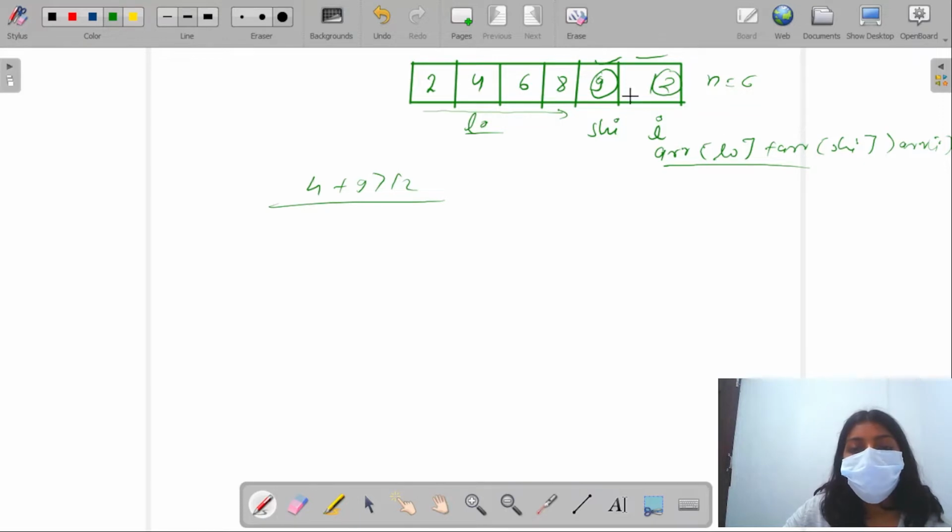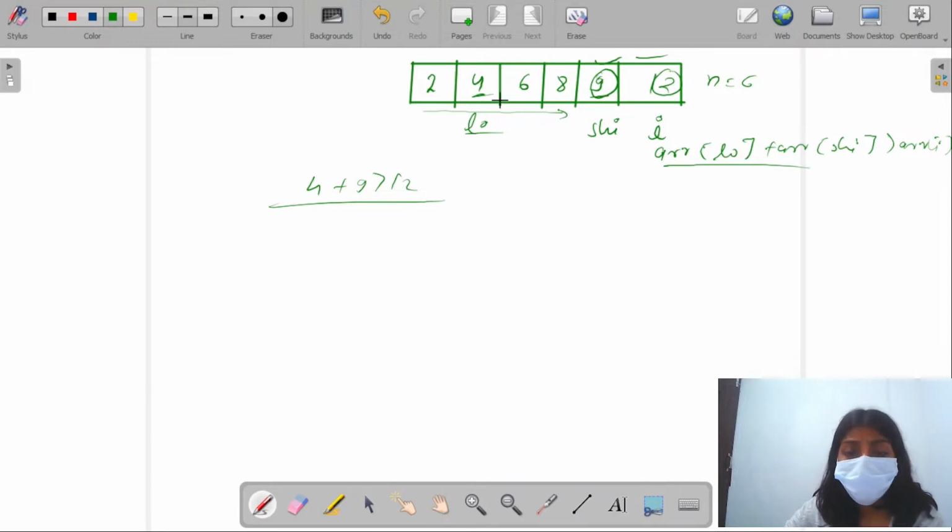So it means that I don't have to check if 9 plus 12 is greater than 4 or not, because 4 is the smallest side and 9 is the second highest side, and the sum of both of these sides is greater than 12, right?